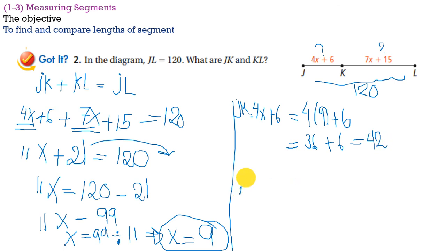Now KJ, the other, KL, sorry. Instead of using this one, I can easily just subtract what I got here, 42, from 120 to get the result. So 120 minus 42, which is equal to 78.